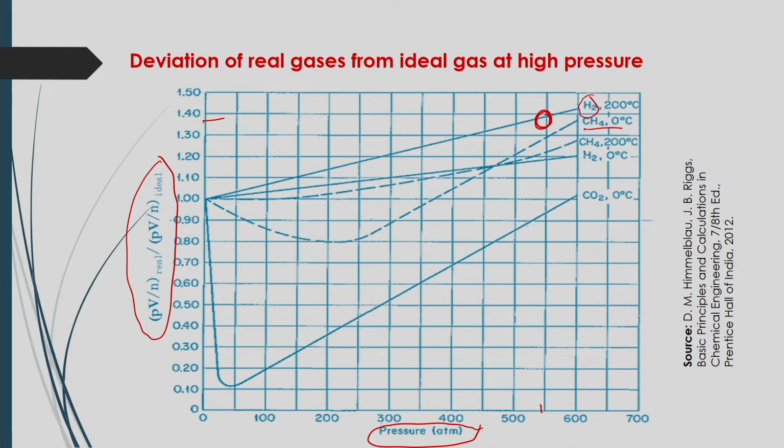Similarly for other gases, you will see how they deviate at high pressure, and how real gas behavior is magnified at high pressure for different gases. So from this graph you can easily calculate the factor for real properties compared to ideal properties.